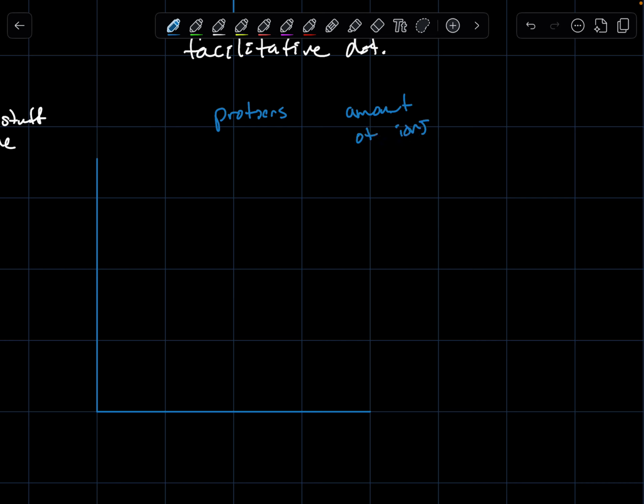Now, the rate will continue to increase for a time, but then all of the protein channels will become saturated and it will plateau as such, because there's only a limited number of proteins.